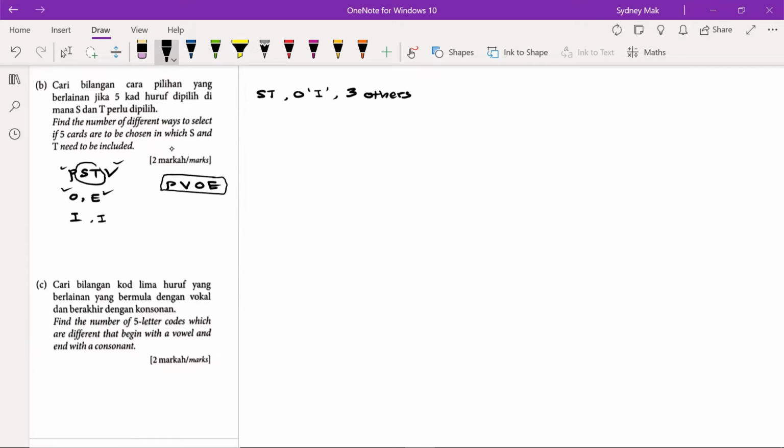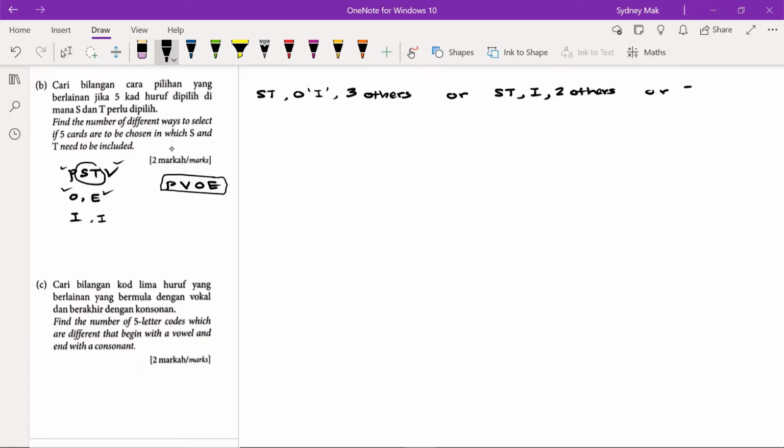In this case, the others will refer to P, V, O, and E. So either ST must be in, and without I, we have to select another 3 from the others. Or ST must be in, 1 I must be in, and therefore we have to choose another 2 other consonants.